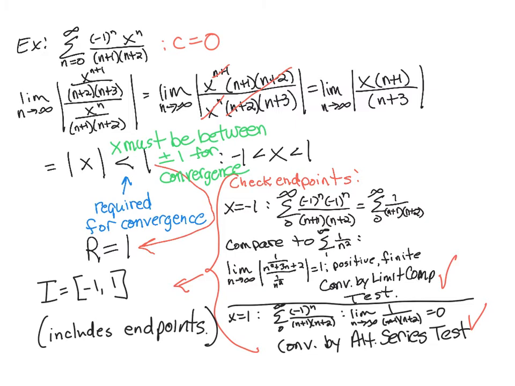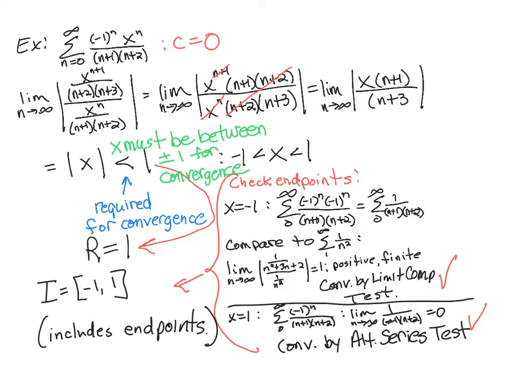If you compare it to the wrong thing, you get an inconclusive test. So I see that my power on the bottom is n squared. That other n and the +2 at the back aren't going to matter when n is infinitely large. So you just look at the highest power in the denominator, and that's what you compare it to.